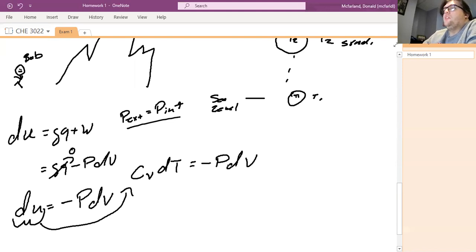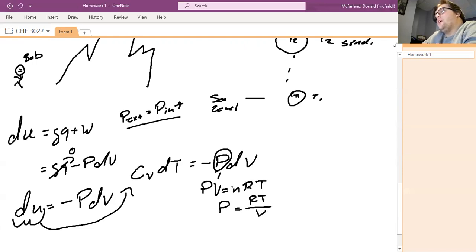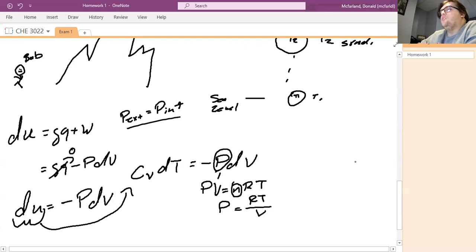So now we need temperature as a variable. And since pressure is related to temperature and volume, we're going to use the ideal gas law and solve for P, which will just be P equal to RT over V. Now you're going to notice I omitted the number of moles.